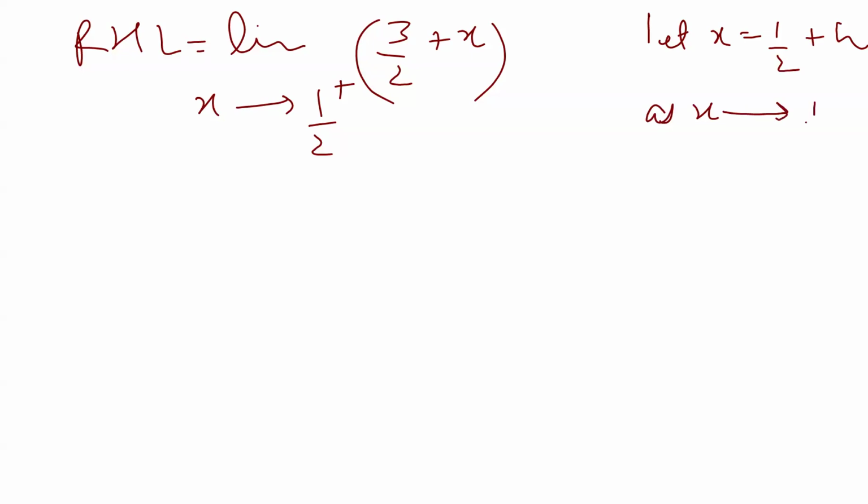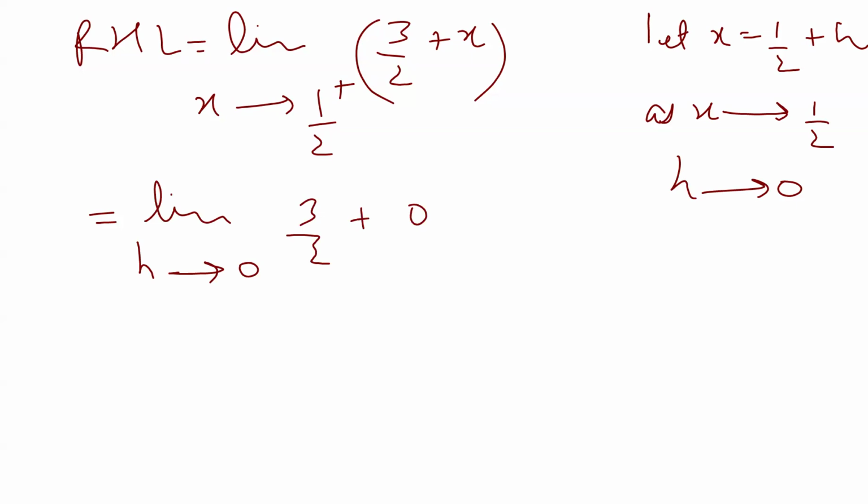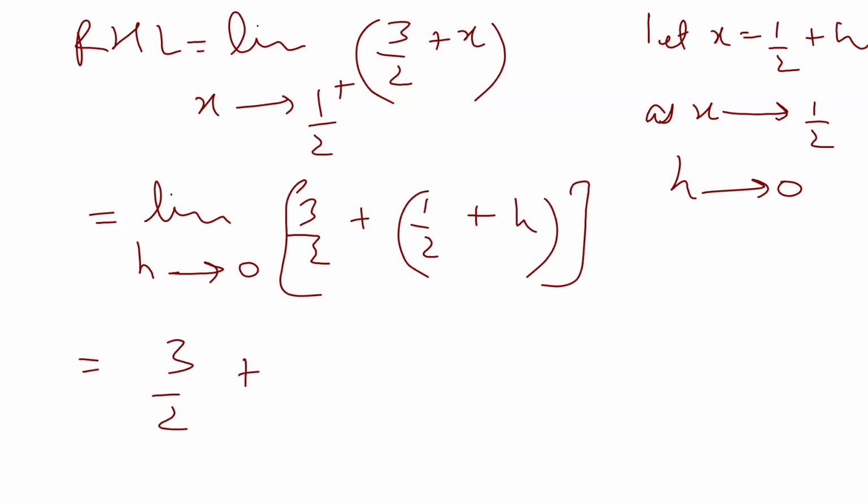As x approaches half, h will approach 0. So this is going to be limit h approaching 0, 3 by 2 plus half plus h. Replace the value of x with half plus h. So 3 by 2 plus half plus 0. So 4 by 2, that is equal to 2.